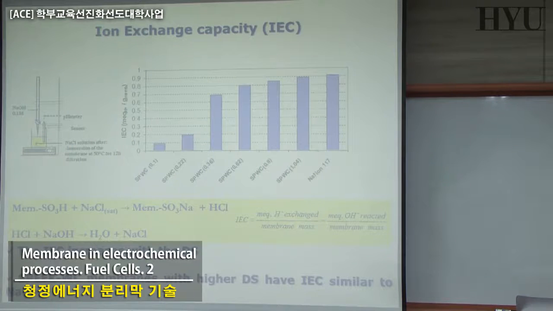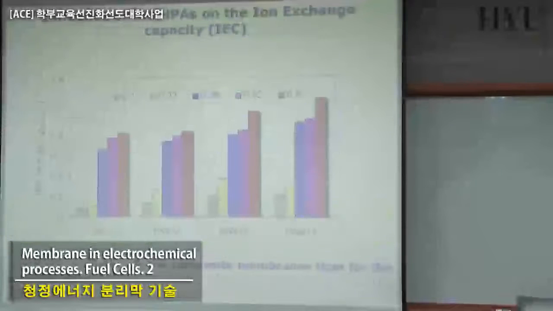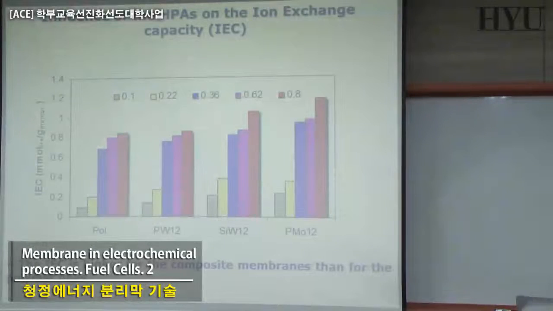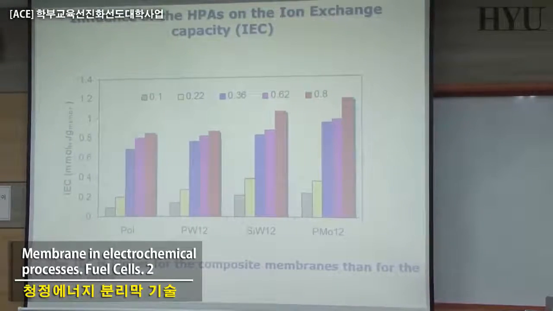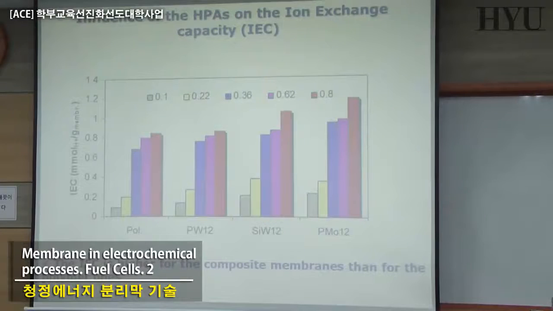And this is one of the good aspects of Nafion. What is interesting is that also here for the HPAs, that means for any kind of acid we are adding, and again this Nafion is, oh no, wait, this is just showing you how the system changes.